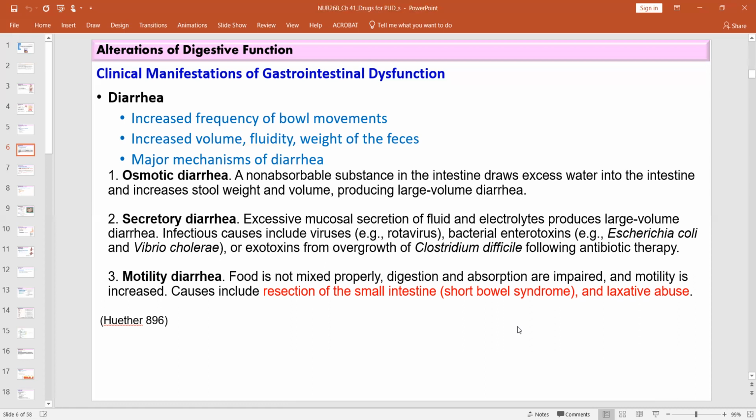Hyperthyroidism sometimes results in this type of motility diarrhea, due to the increased thyroid hormones, because they result in excessive motility of the intestine. Even patients with diabetes develop something called diabetic neuropathy, and then they tend to develop this disease. And also individuals who abuse laxatives.